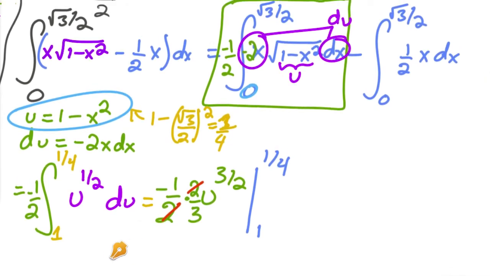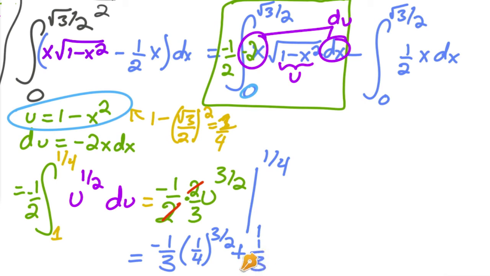Okay, so then this is equal to minus 1/3, 1/4 to the 3/2, and then minus the negative, so this is going to be plus. When I plug in 1, I just get the same thing, so this is going to be plus 1/3. And that's equal to positive 7/24. Okay, so that's what I get for this integral right here.